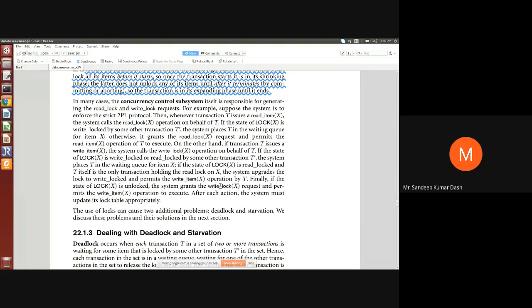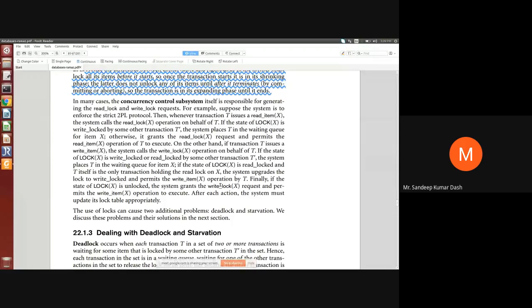When you are locking a data item, there is a possibility of deadlock. Since you are in fifth sem, you have the operating system subject. Has this topic been covered yet? Deadlock in operating system? Yes, sir, it is covered. Then it is the same concept here in database.